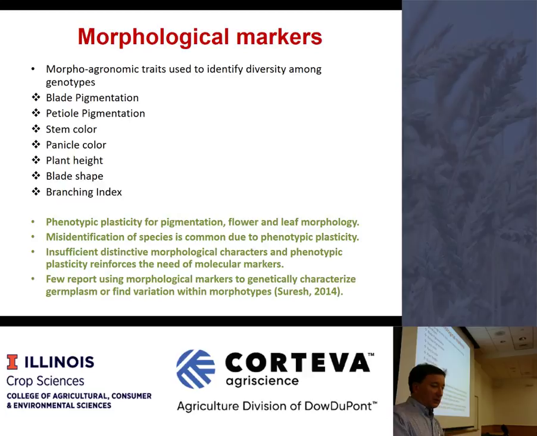And we do find that there's some phenotypic plasticity for pigmentation and some of the other traits that you would think would be more stable in amaranth. So again, something about the amaranth genome allows for a lot of these things, gene expression, to be changed.